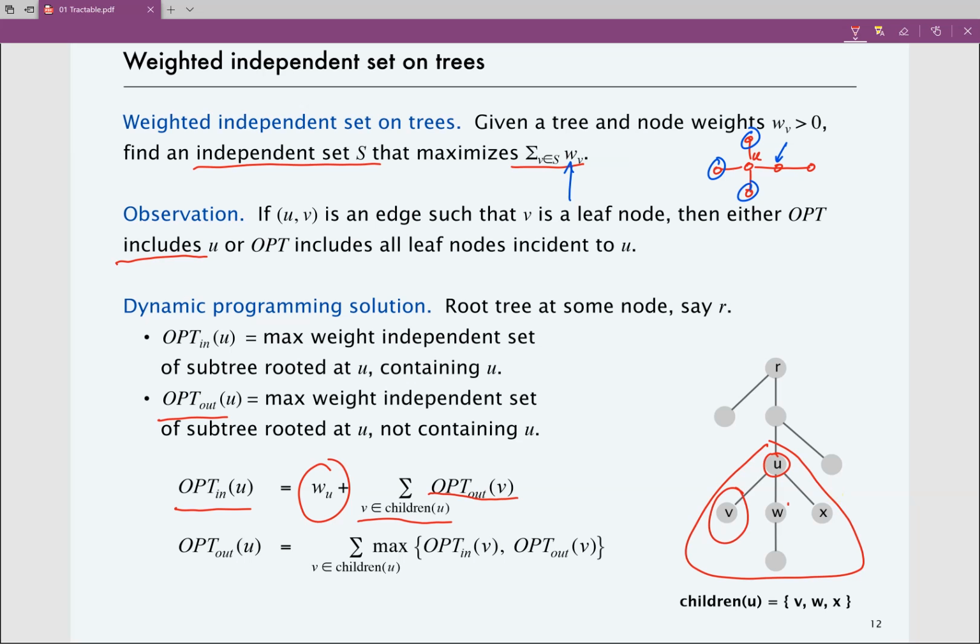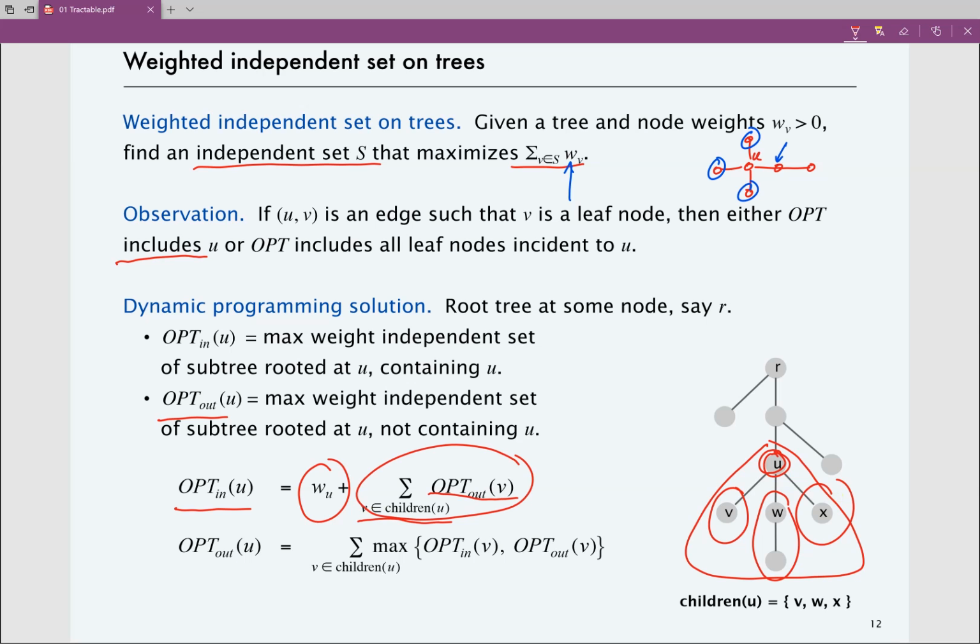Likewise, for this subtree, if I force myself not to include W, what is my optimum value? And here, I don't include X, what is my optimum value? And I did choose to include U over here, so my overall value is going to be WU plus the sum of all of these opt-out values. That's where I choose to include U.